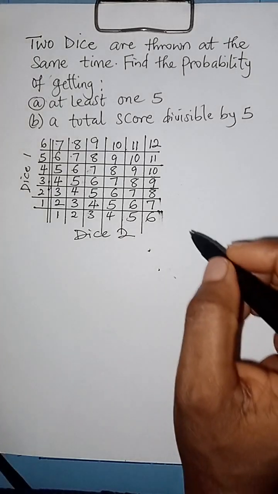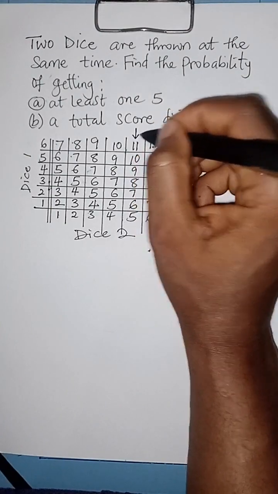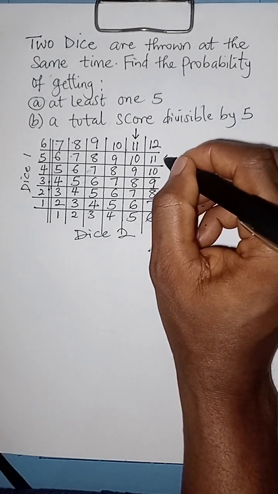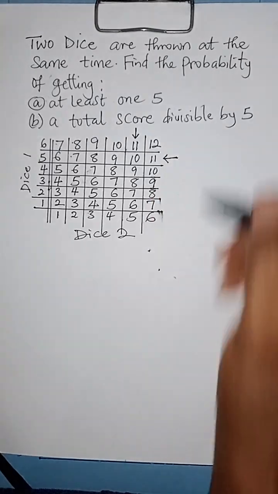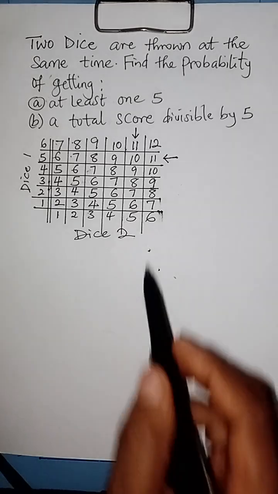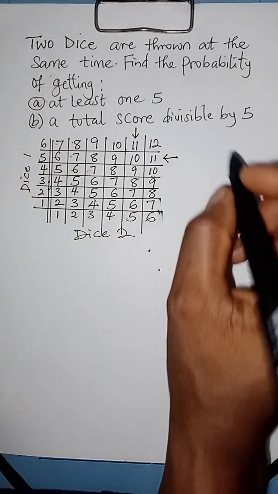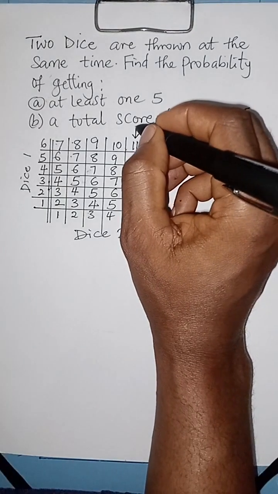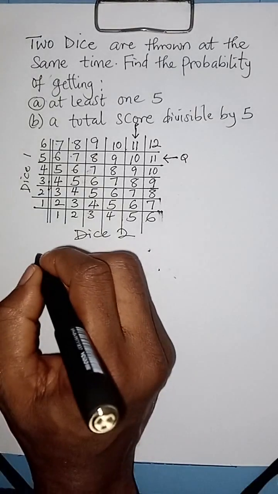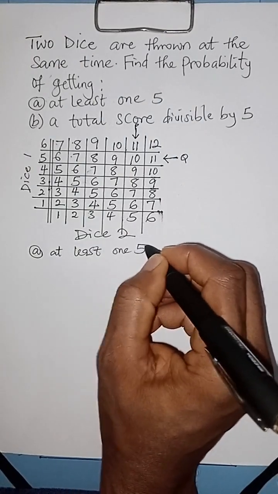Now, in this case, this is what you're going to do. You're going to have it here if it is a 5, and then here if it's also another 5. So these are the arrows indicating what we're going to count. Here, I could say, let this be P and let this arrow be Q. So question A, at least one 5.